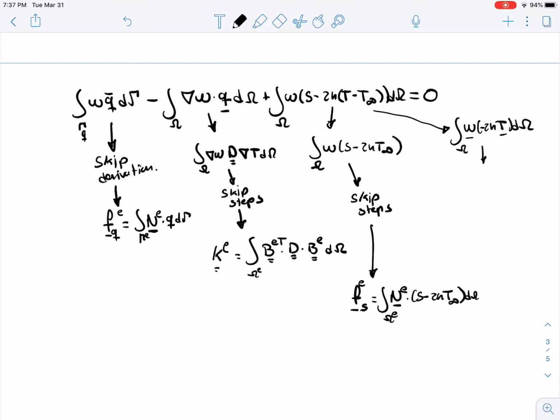If you introduce the shape functions, this will give you a new type of matrix that we haven't talked about, which is the mass matrix for the element, which is going to look something like the integral over the element of minus 2h NE transpose NE.